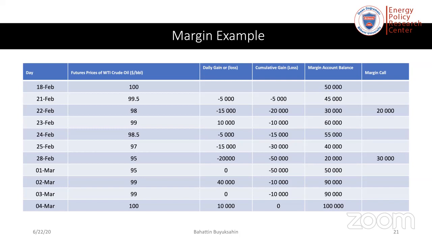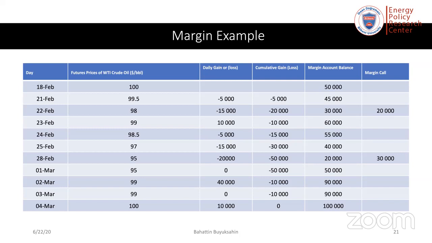You have to deposit this $20,000 by the next day's close of business. So I am assuming in this example, the trader is not withdrawing any excess margin from his account.